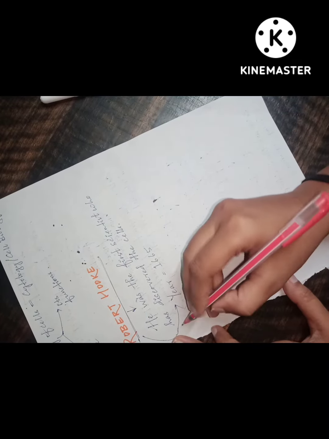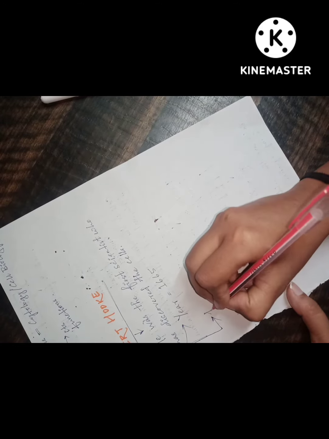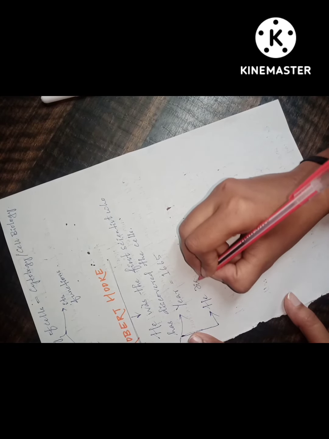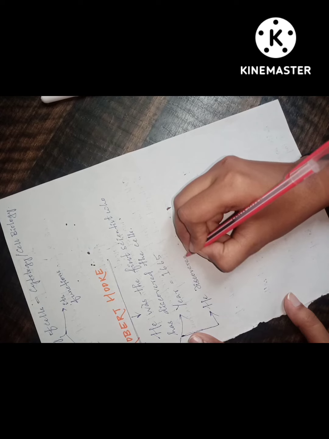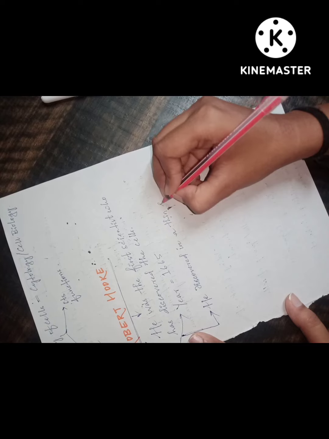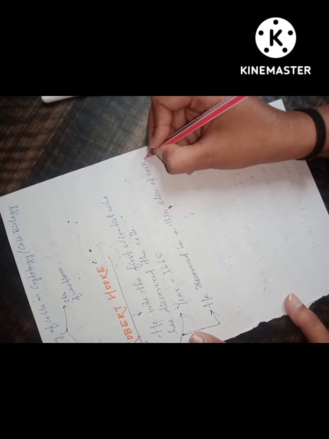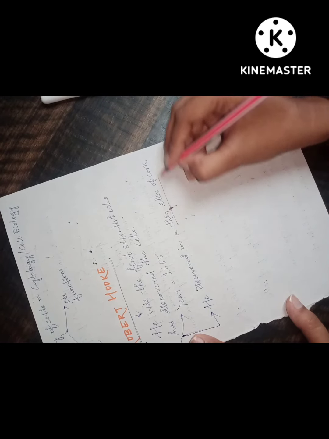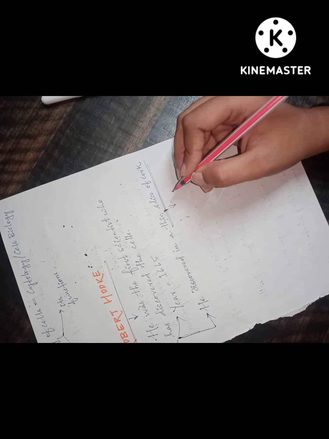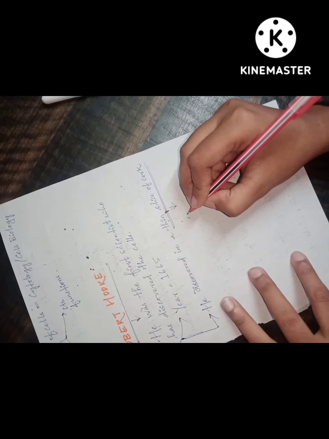So we all know, from where did he discover the cells? He discovered them in a thin slice of cork. That thin slice of cork, afterwards he observed, was known as honeycomb.